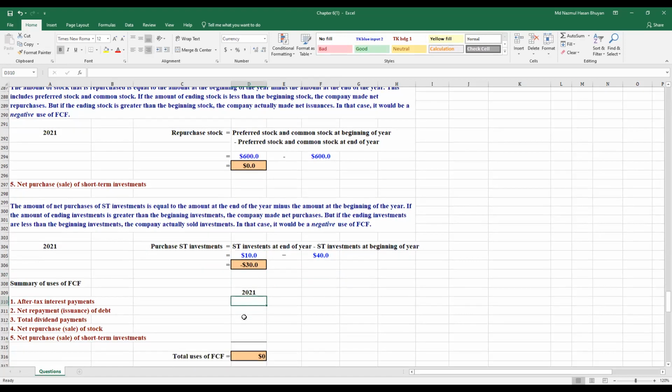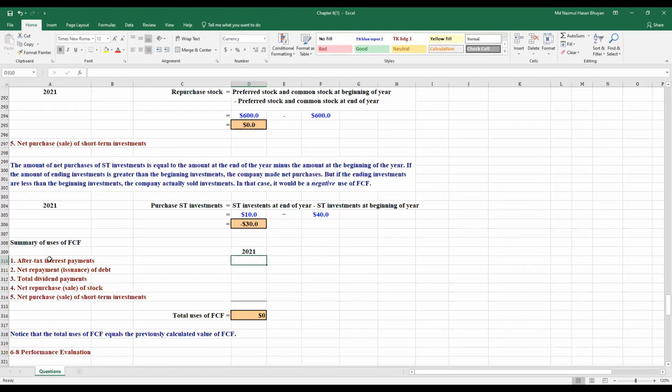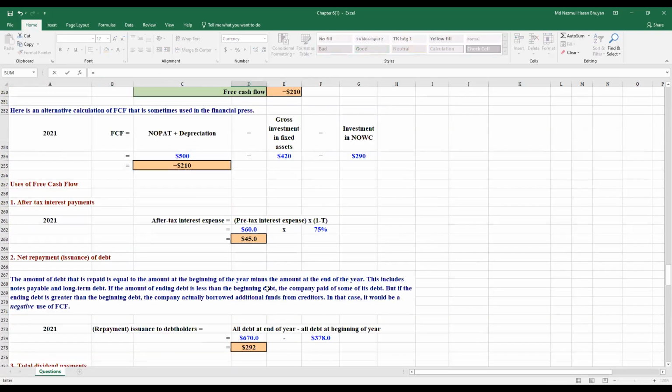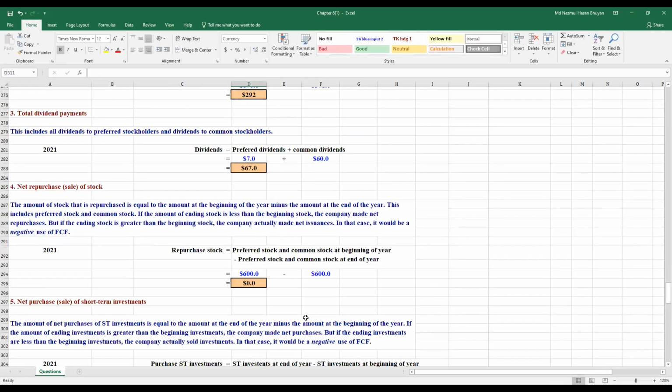Okay, now let us see here summary of the uses of free cash flows. So here you can see all the uses, that means all the outflows should have the positive sign and all the inflows should have the negative sign, because here we are now calculating uses, right? Okay, so whenever we pay interest we have cash outflows, so the value should be positive.